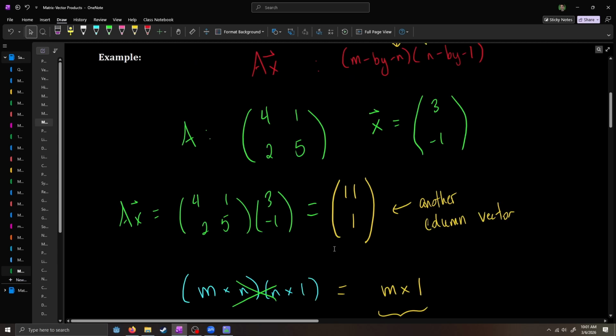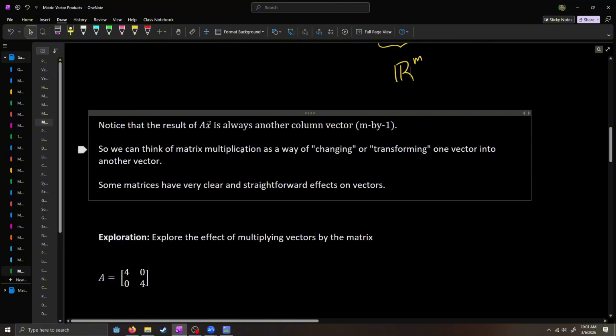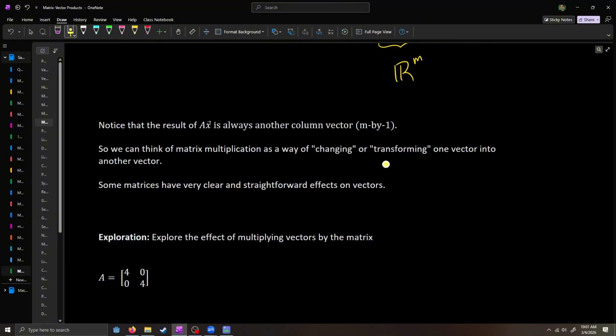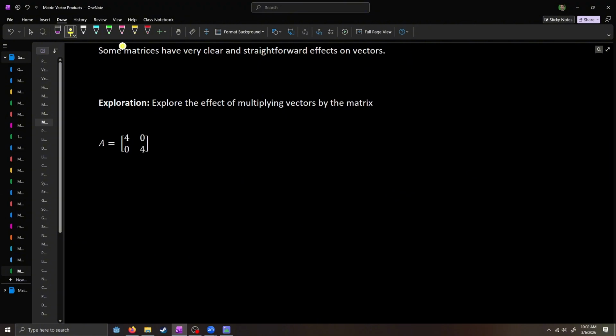Because matrix multiplication turns a column vector into another different column vector, we often will think about matrix multiplication as transforming one vector into another, or changing one vector into another. So in this episode, we're going to explore the transformation that is induced by matrix multiplication by various matrices A.